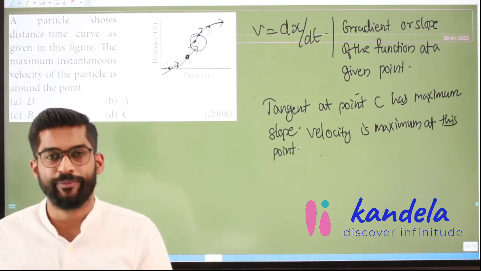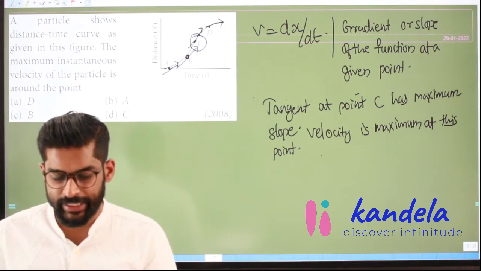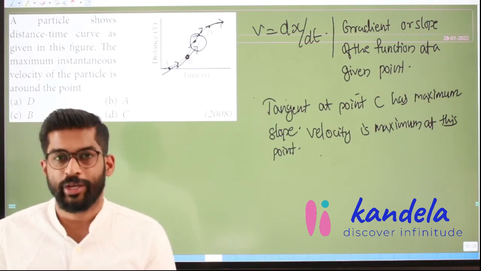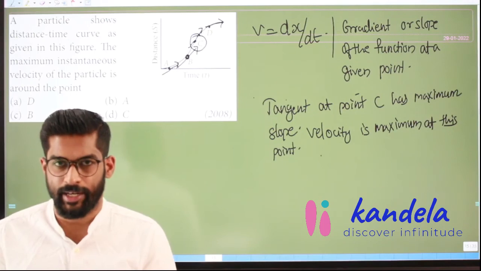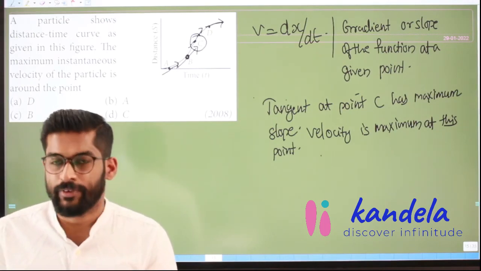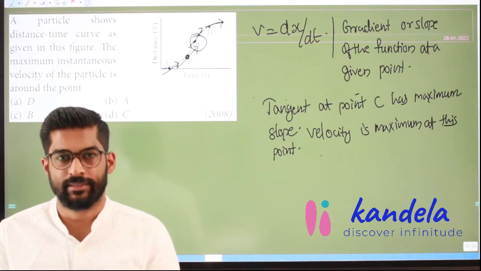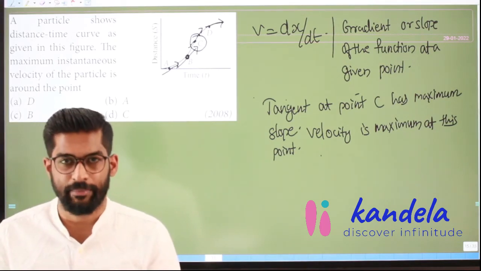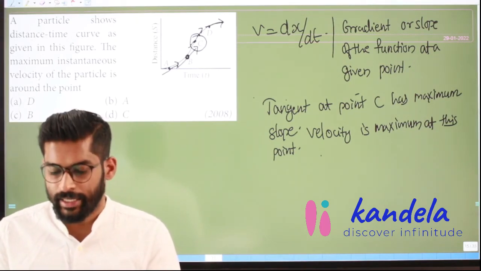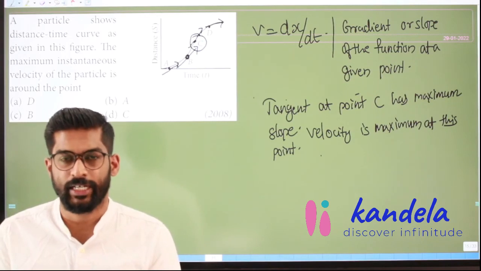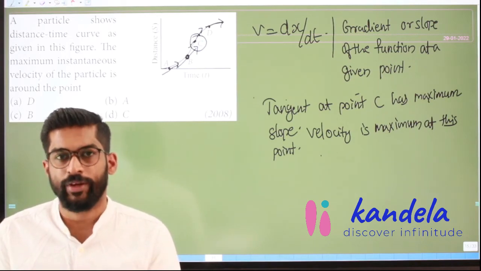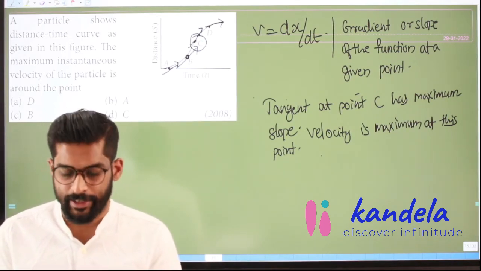Okay, so how do we solve questions related to graphs? First you have to understand what the given graph is. The given graph is distance versus time. So how can we find the velocity from a distance time graph? If we take the gradient or slope of a function at any point of time, we can find the velocity at the given point.